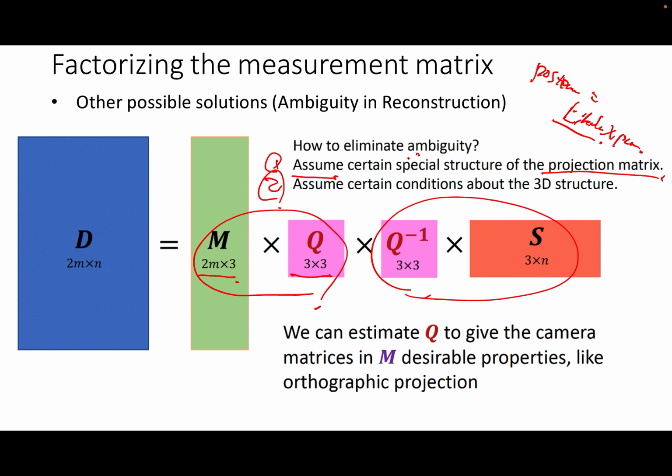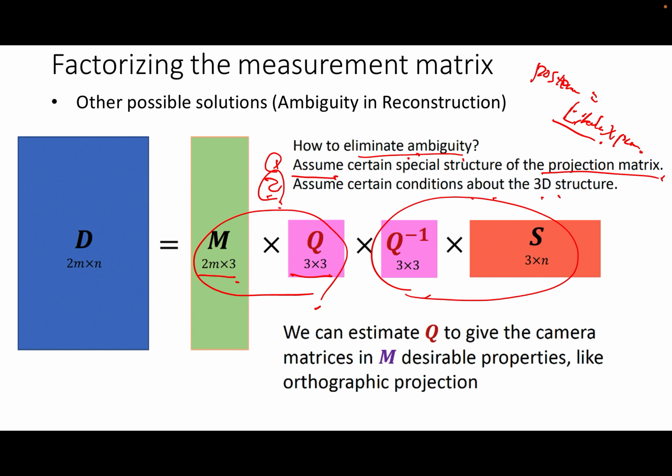The perspective projection matrix has too many degrees of freedom. That is the reason why in affine SfM we can give a strong constraint to decrease the degrees of freedom. That is one way to eliminate ambiguity. The other way is assuming a certain condition about the 3D structure, the 3D geometry.